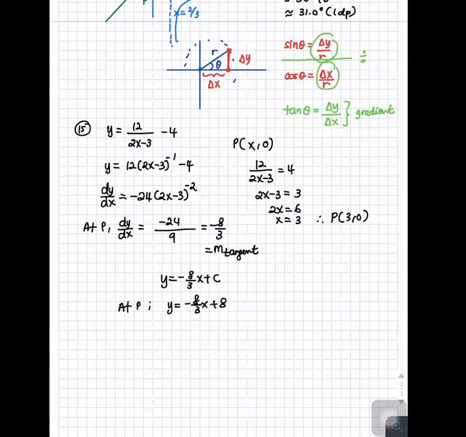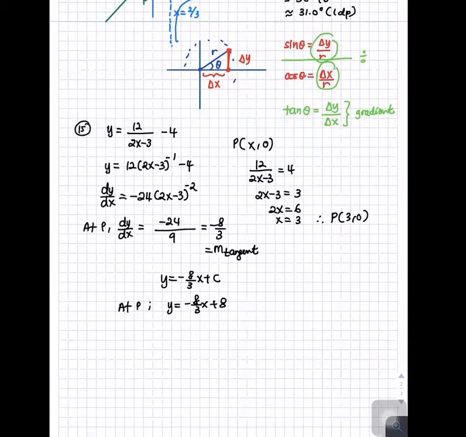Now they are saying the tangent intersects the y-axis at Q. How to find the Q? Help, Nesha. How to imagine what's happening? Yeah, Chinchay, draw something for you first.